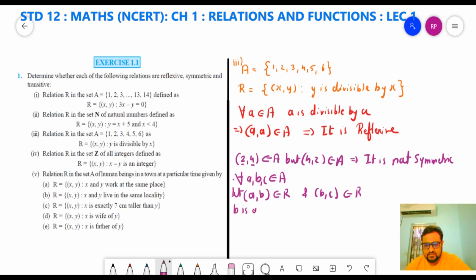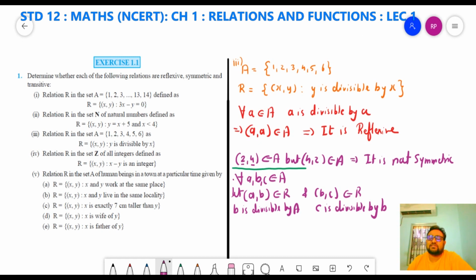B is divisible by A, and BC belongs to R, that means C is divisible by B. Now see, B is divisible by A, right? And C is divisible by B, right? Or else C is divisible by B, which is divisible by A.